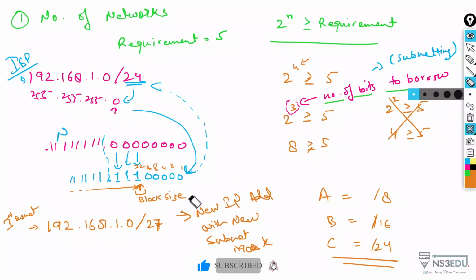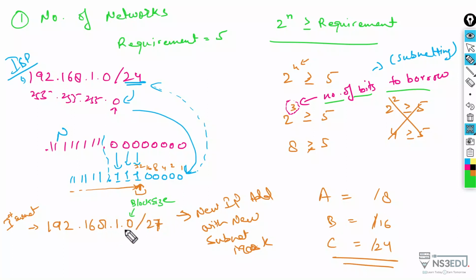Let me write it down in a different color, otherwise it's going to be confusing. This is also the block size. This block size will be added to this octet. This is the interesting octet, the octet that we are working on, the last, fourth octet.